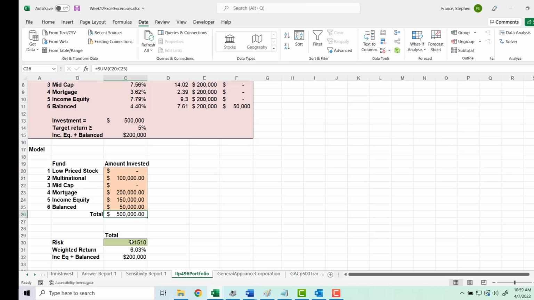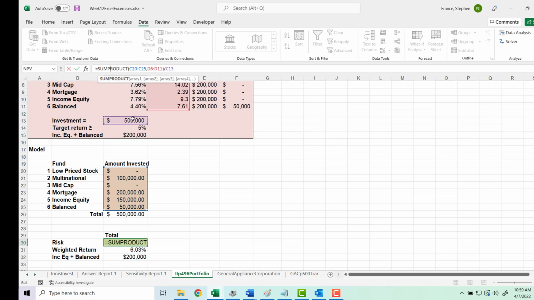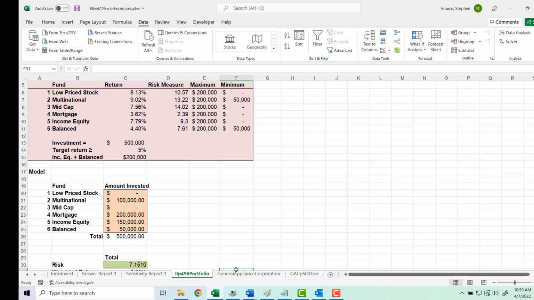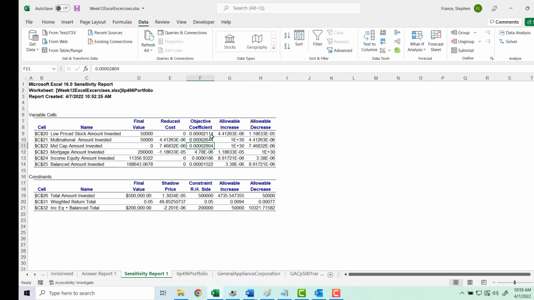It's because in the objective here, we're weighting it by the total investment, so we're dividing it by $500,000. So to actually interpret this, you would probably have to multiply all these coefficients by $500,000, and then you could interpret them in terms of the level of the risk. But again, it's not really covered in the book, I'm just doing this as extra.